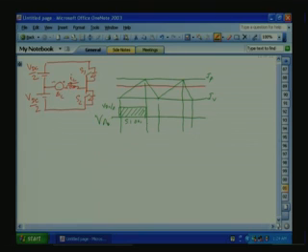When S2 is on, during this period, it is minus VDC by 2. So this way we are switching. This is also a PWM operation. Pulse width is controlled here depending on the current hysteresis band.